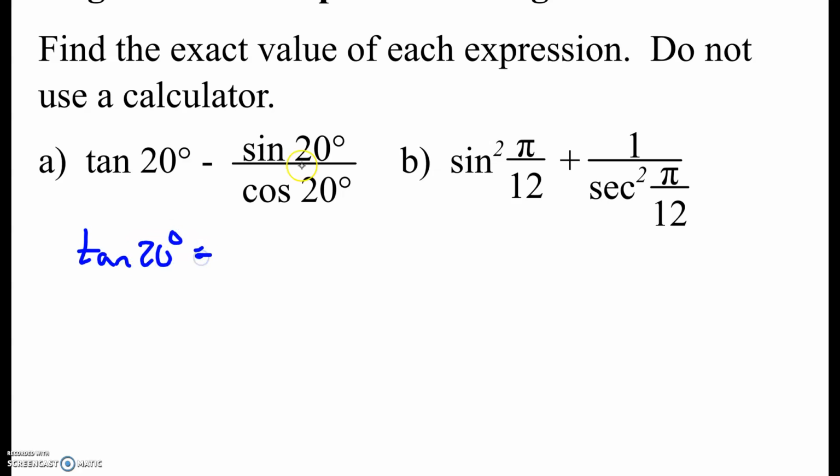Because we have division of two trigonometric functions, we could look at the quotient identities and see that sine of an angle divided by cosine of an angle is equal to the tangent of that angle. And so I have tangent of 20 degrees minus tangent of 20 degrees. Something minus itself is equal to 0.